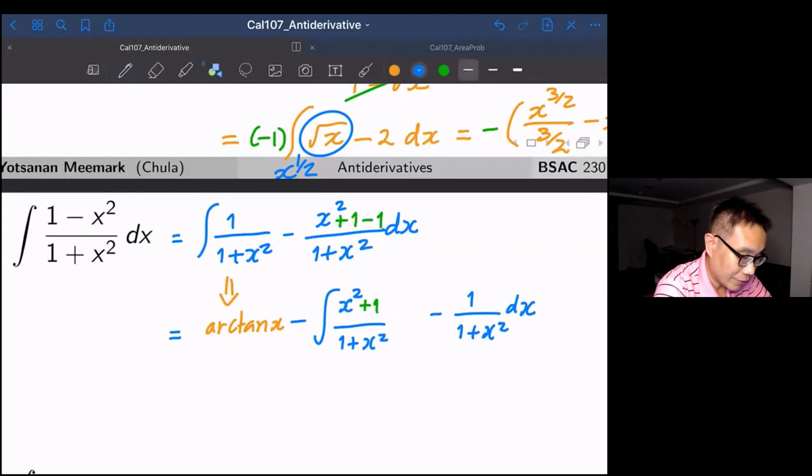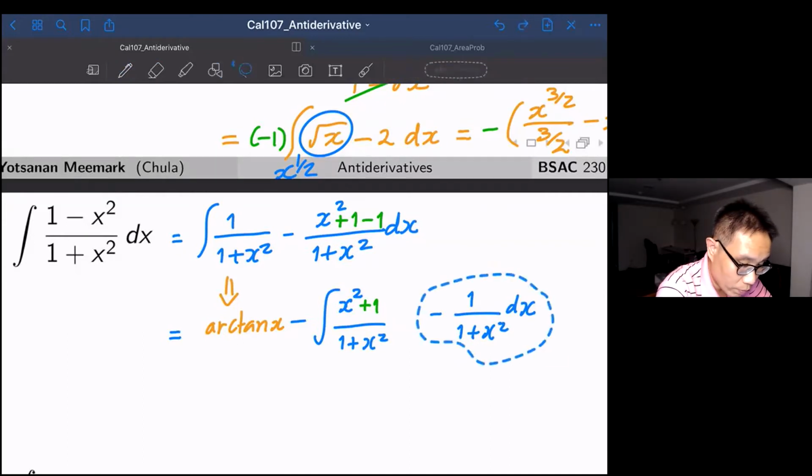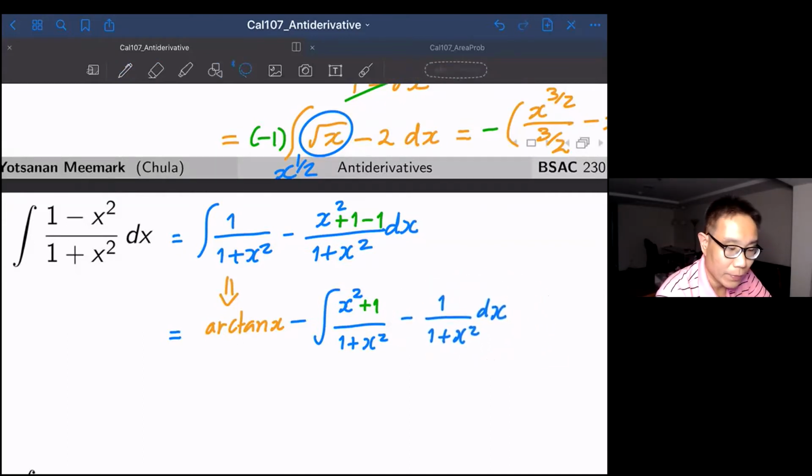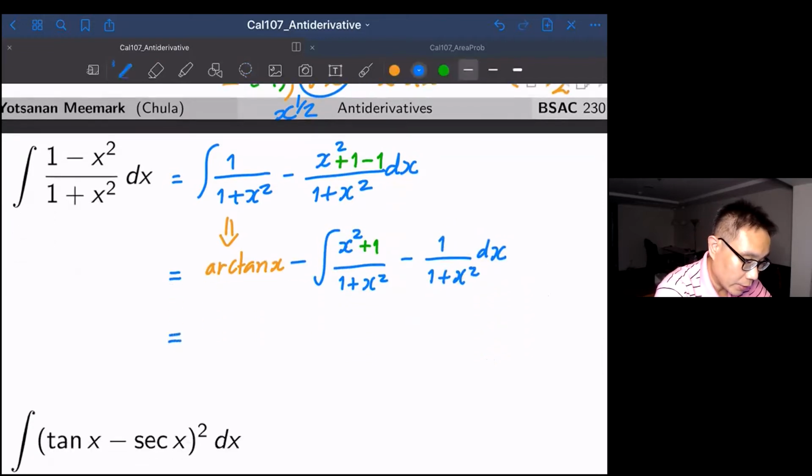I don't have the x yet. Okay, and then you see that this guy turned out to be arctan x minus, and you see that this guy you integrate (x squared plus 1) over (1 plus x squared), which turned out to be 1, and you have 1 over (1 plus x squared) dx.